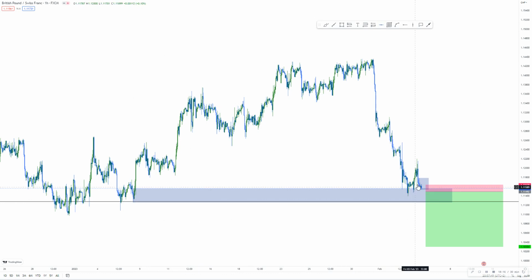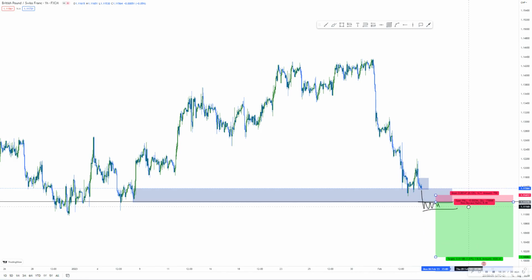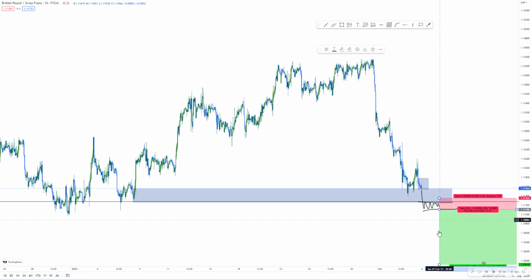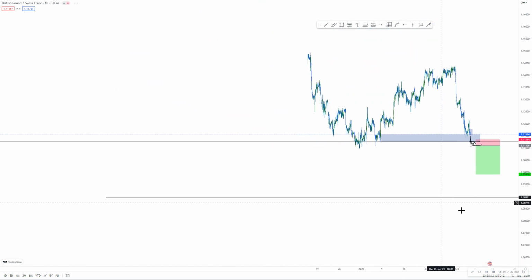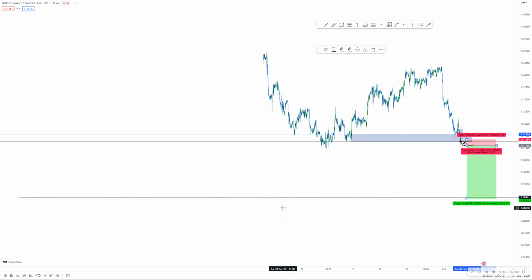See, it can actually come here and then it could possibly break down a bit, right, and then correct on this level right here, creating that correction, and then look for selling opportunities at a breakout right here. And you see price opening up these levels here, these lows, and then you see price going down. It doesn't show the whole price action here on the 1 hour time frame. So sad.